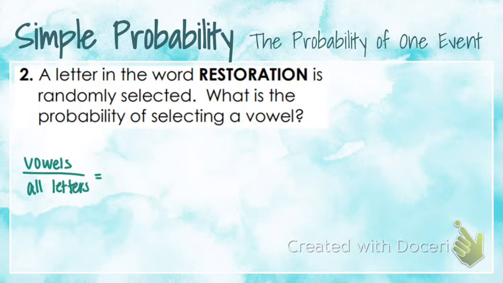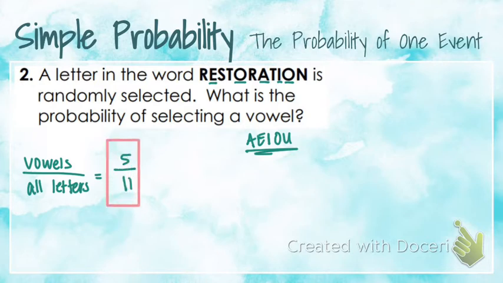So when we count in restoration, vowels are A, E, I, O, U. Okay, so that's just a random fact you need to remember and know. So we have 1, 2, 3, 4, 5. 5 vowels out of 11 total letters. And that fraction does not reduce, so that's your answer.